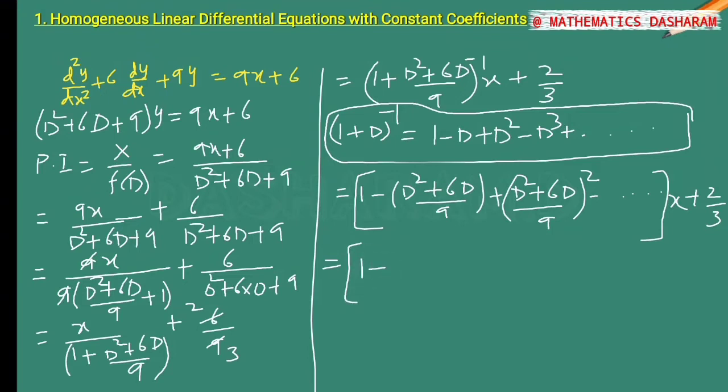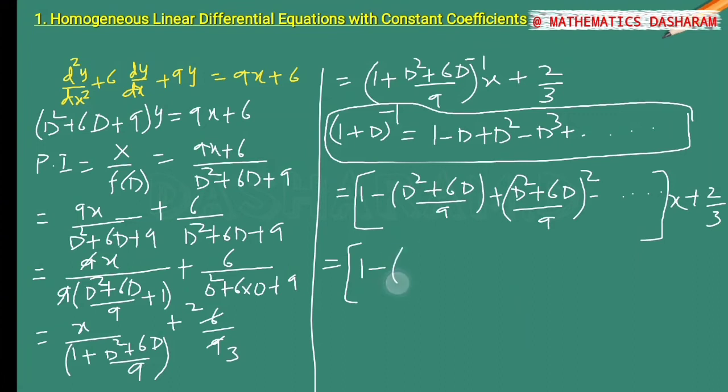So 1 minus, here we can ignore the highest derivatives. Why? Because the function is x. D means derivative: D of x is 1, D square of x is 0, D cube of x we cannot find, it is already 0. That is why we have to ignore the highest derivatives.